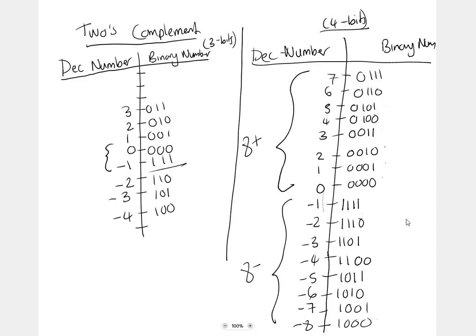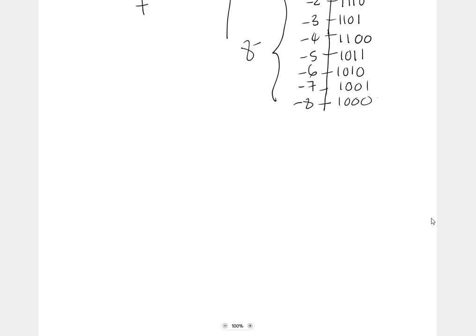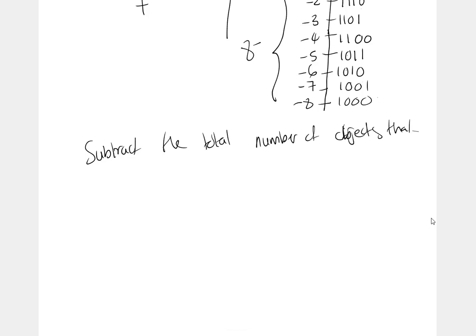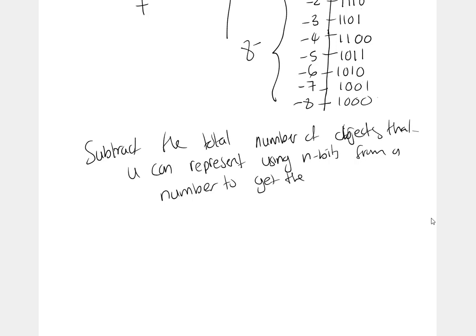And so the basic idea, let's talk about this actual conversion. The basic idea of 2's complement is to subtract from the total number of objects that you can represent using n bits a number, to get the complement.